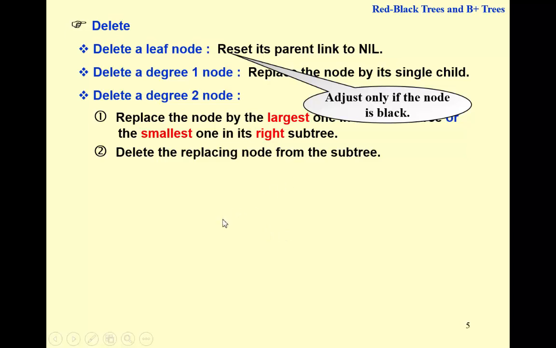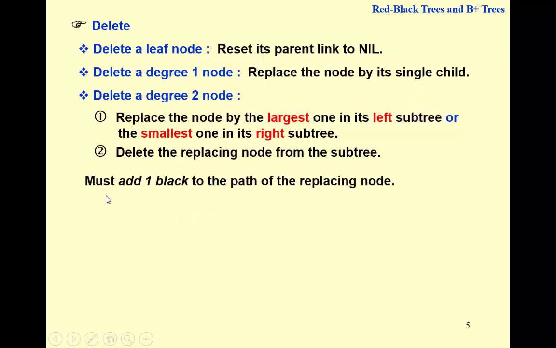So there will be one path that its black height will be shorter than the black heights of other paths, right? And certainly we don't want to change every other path. To solve the problem, we must add one more black node to this path. So it's safe to simply delete this black node.